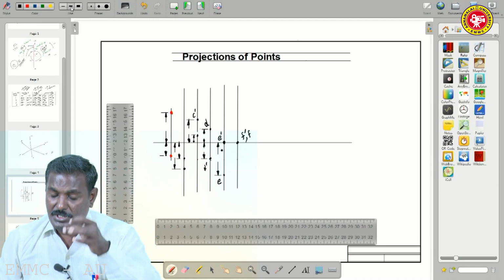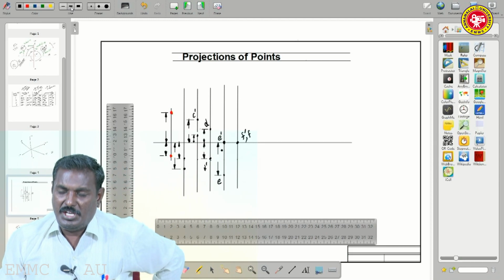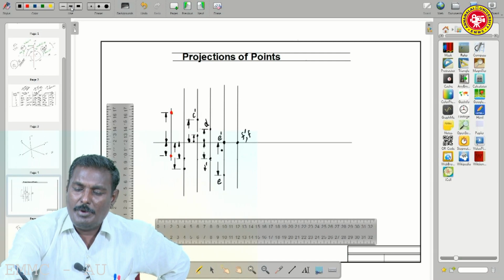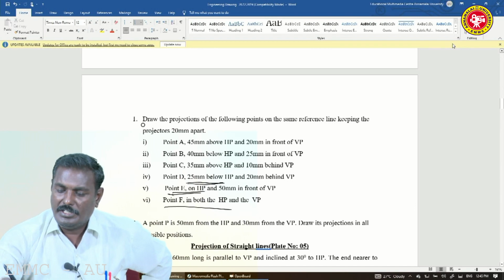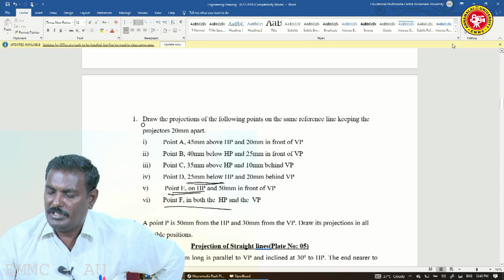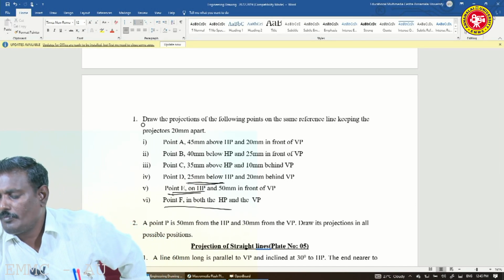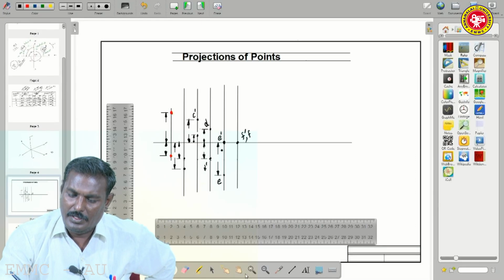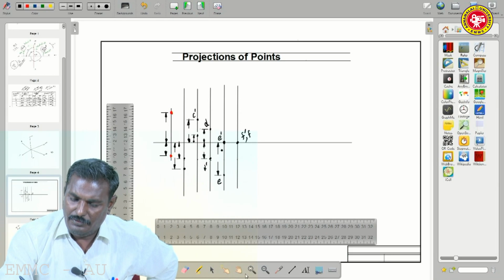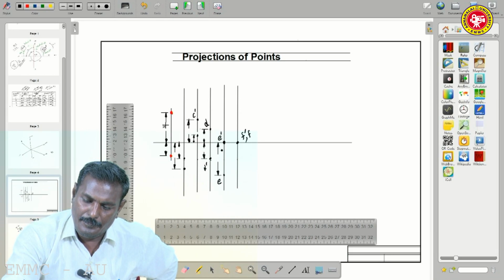So what about the dimensions here? As per the statements, 40 mm above HP, 45 mm above HP, 20 mm in front of VP. So now we have to give 45.